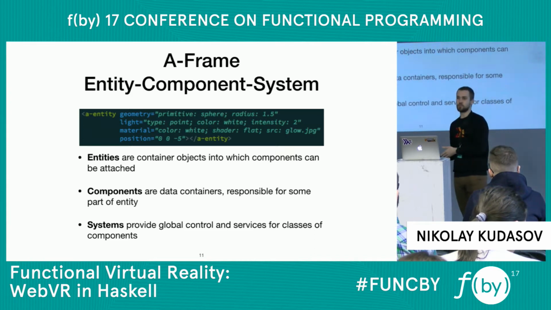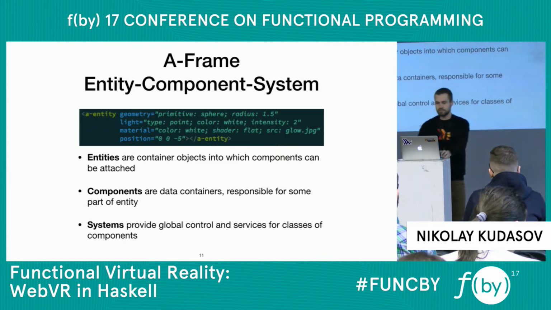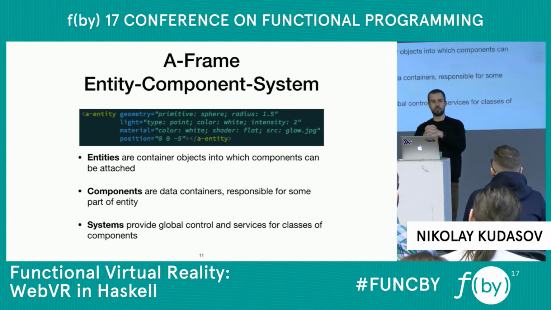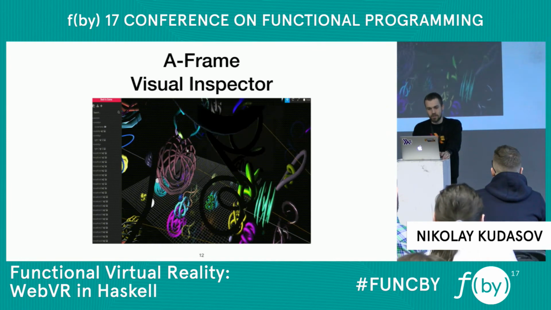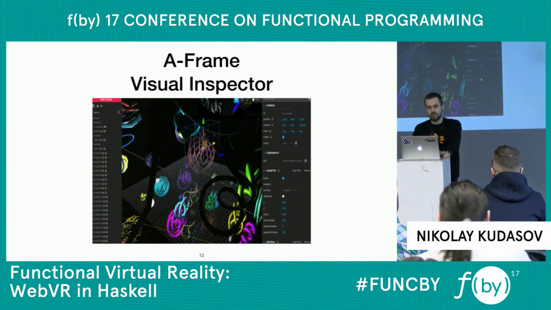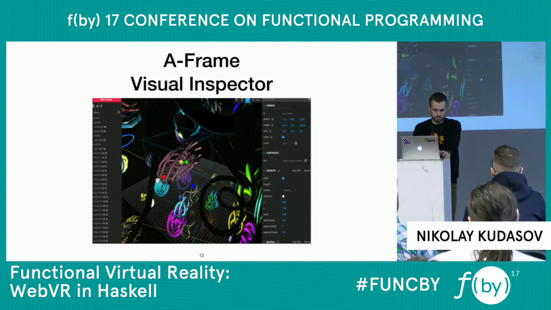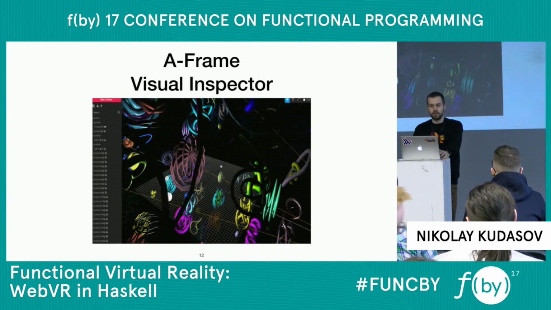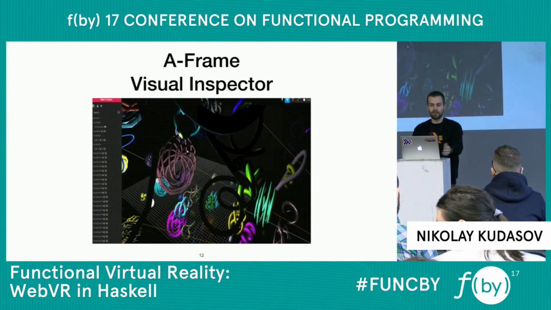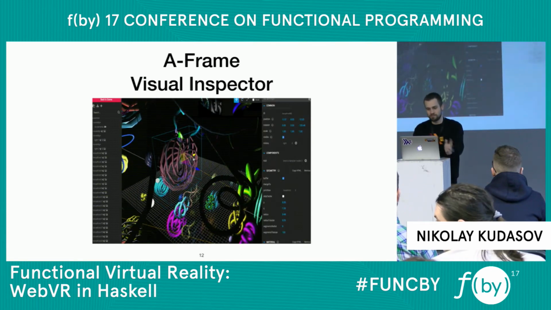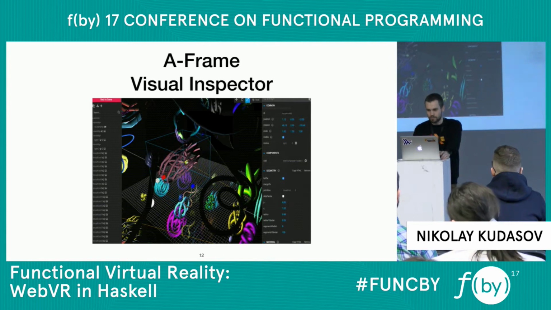And systems is where all the logic is. So it's fairly simple. You just have a lot of these little things, and you smash them together, and you get your application. AFrame also provides a nice thing, a visual inspector, which comes in handy when you are trying out where things should be and how they actually work.